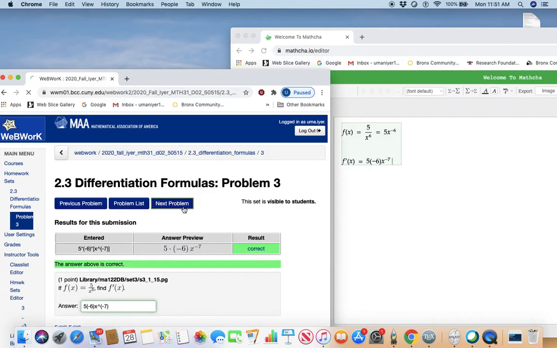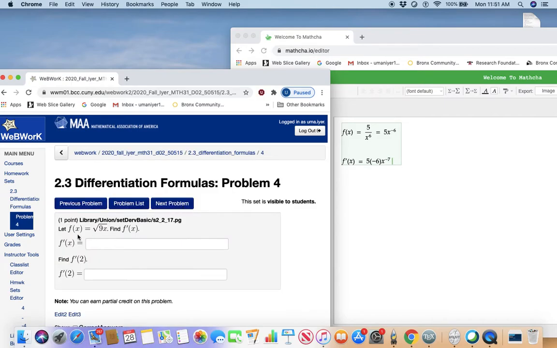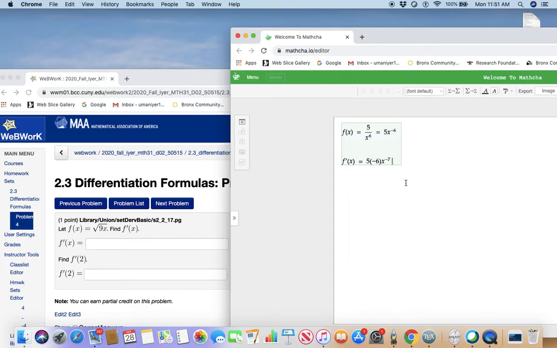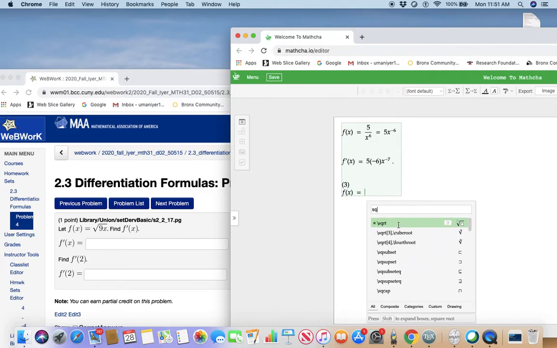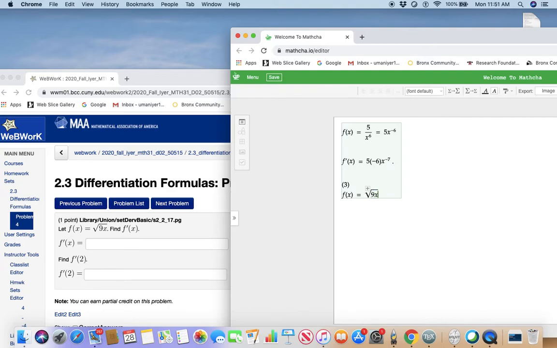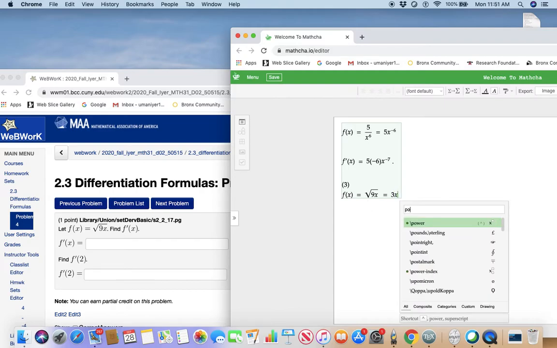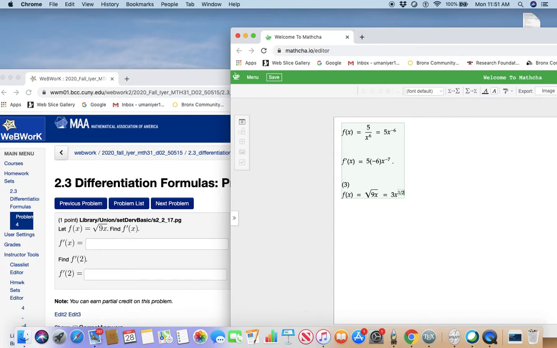All right. Next one. f(x) equals square root of 9x. This is the third question. f(x) is the square root, and inside is 9x. So what is this? This means square root of 9 is 3, and square root of x can be written as x to the power 1 over 2.